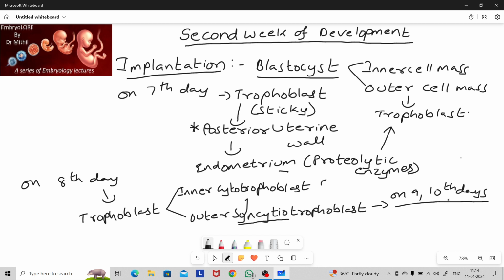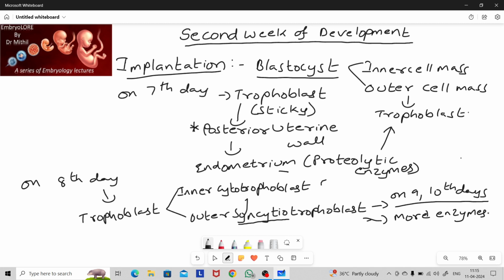So that is called the multinucleated protoplasmic mass, the syncytiotrophoblast. And this syncytiotrophoblast further secretes more enzymes so that more erosion of the uterine endometrium takes place.